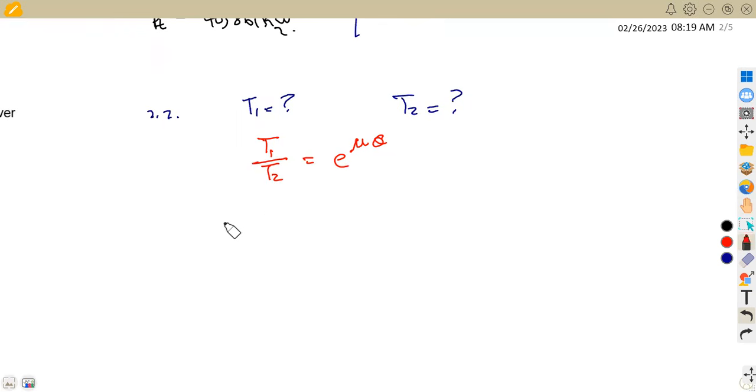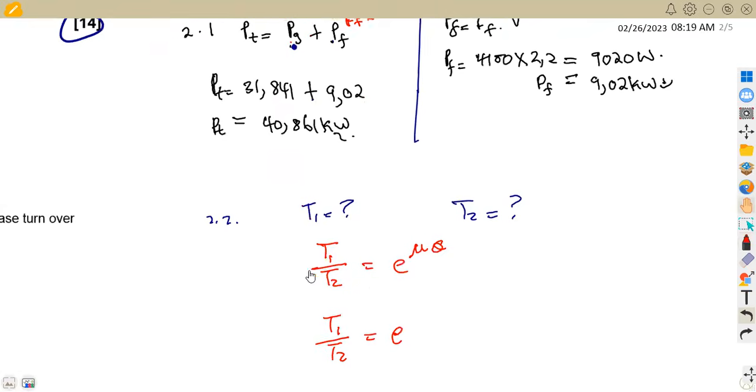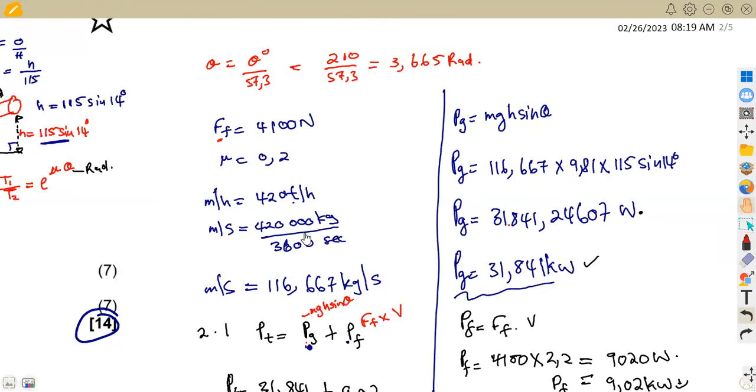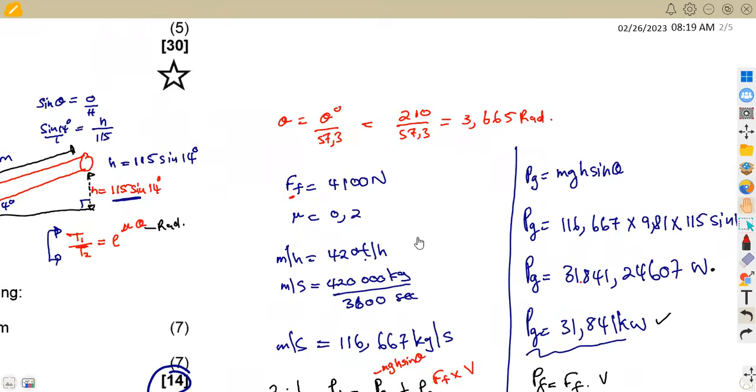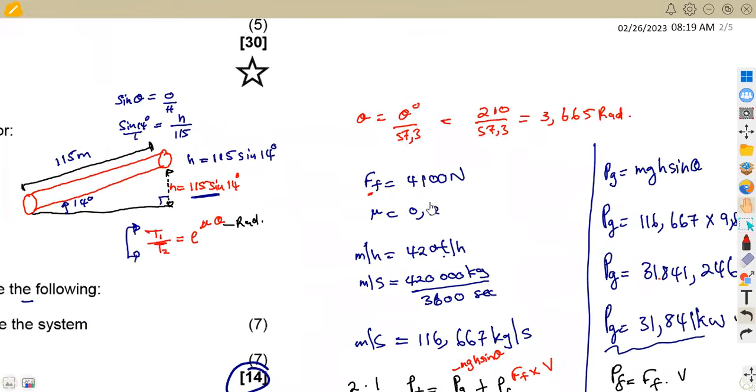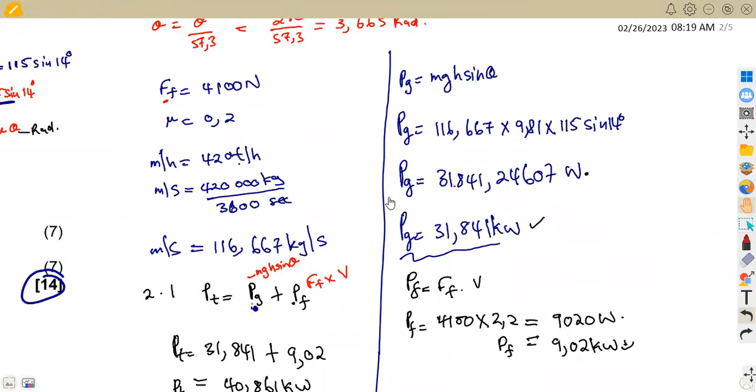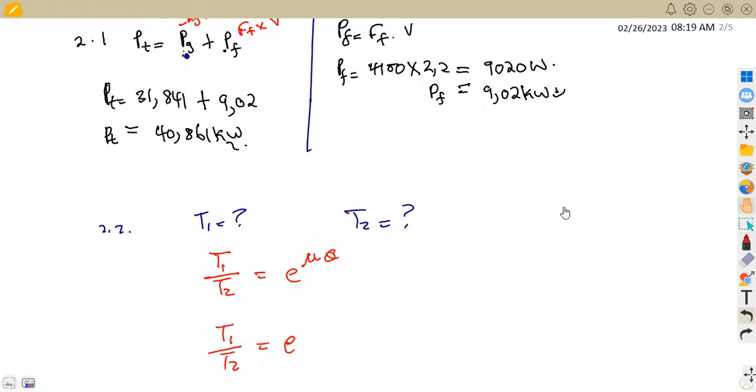We can see that T1 over T2 is equivalent to e to the exponent of, we've got this coefficient of friction. Remember, that was 0,2 from the information that we are given here. We listed here 0,2. So that's 0,2 in this case.